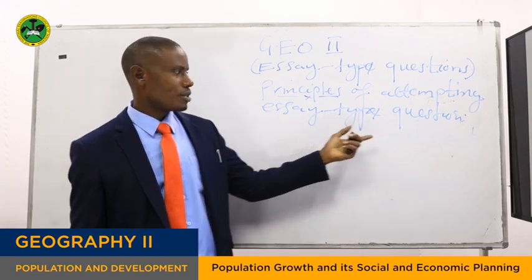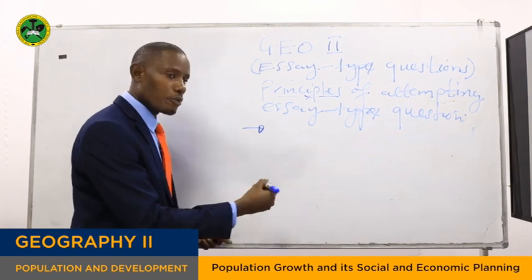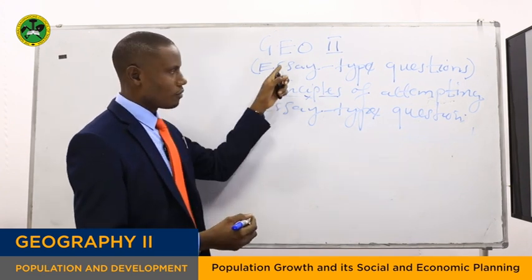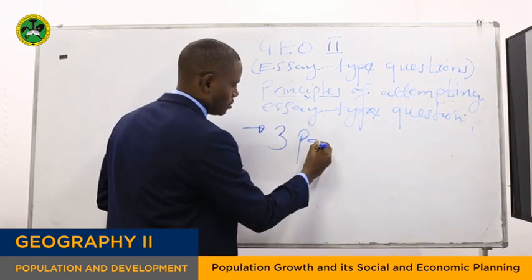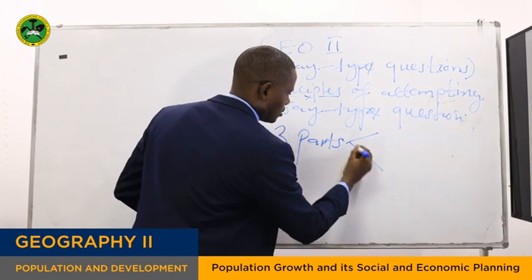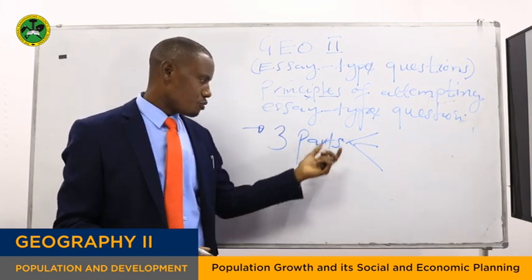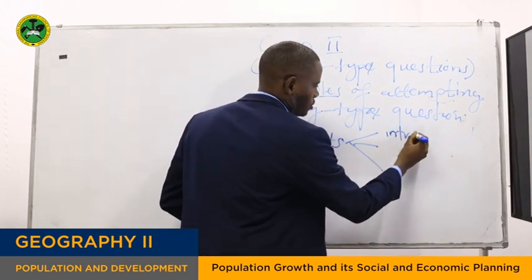The essay type questions should be solved based on the following. When you come across them, and that will be the case for Geography Paper 2, you should consider 3 parts, because they have marks that will be distributed accordingly. The first part is the introduction.